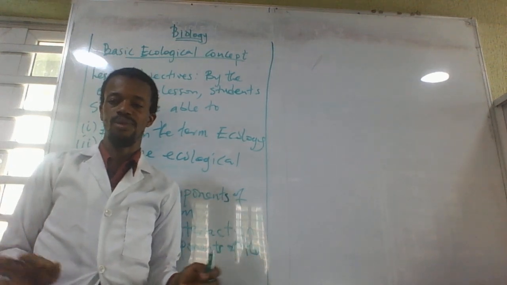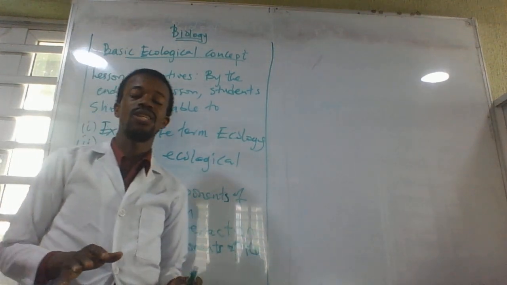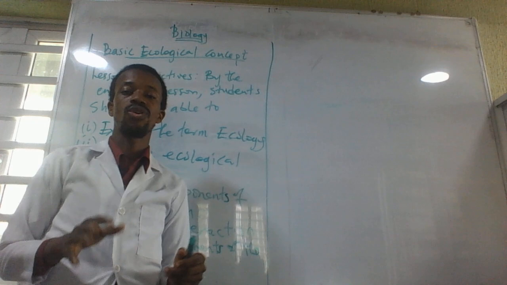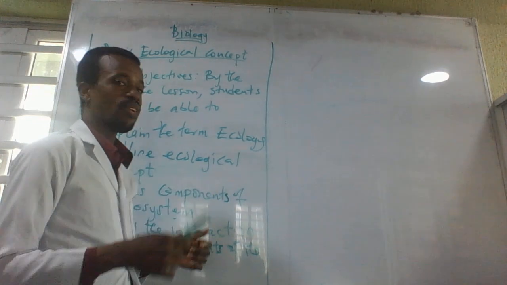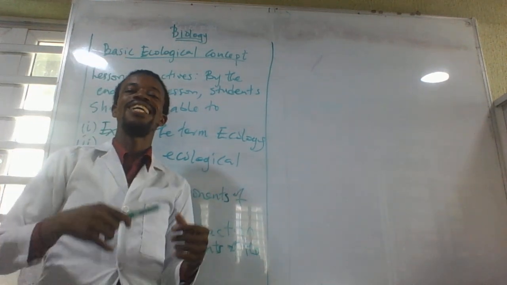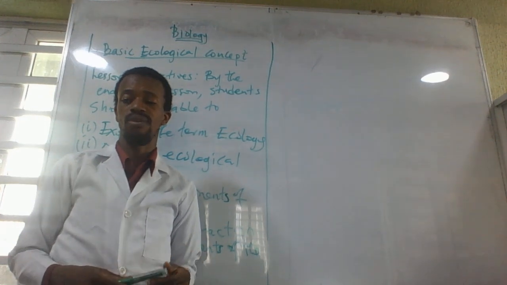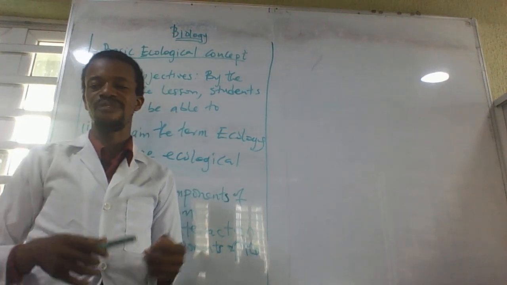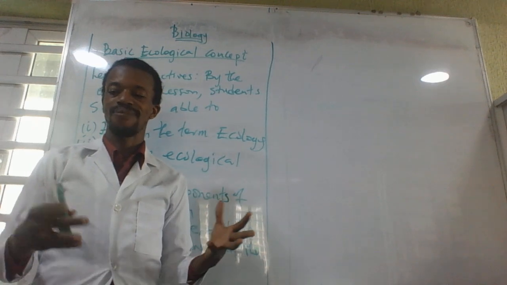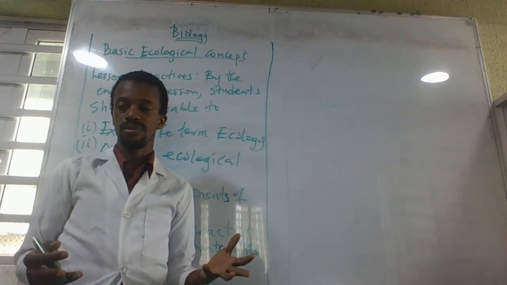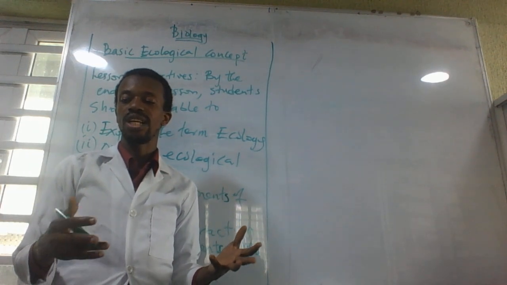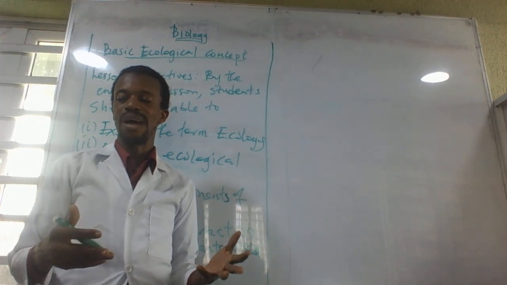One is environment. Talking about ecology, we also talk about environment. Because from the definition, ecology has to do with what? Living organisms, either plant or animal, in relation to their what? Environment. So now, what is an environment? Environment can be defined as the external and internal factors by which living organisms or living things are being affected.